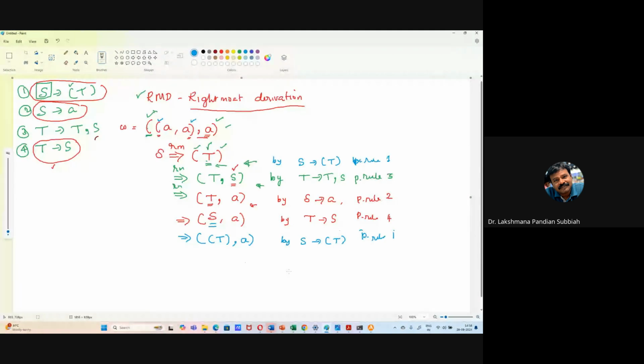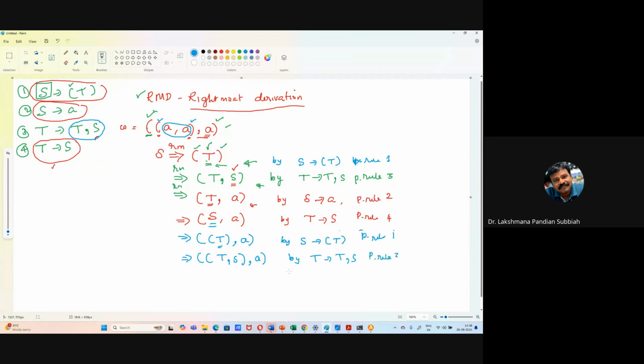Next we are having now the T. Now we are generating. You want to generate this part A comma A. So what we have to do is T derives T comma S. We are using this one only. It can generate S A comma A. So now you have to write that: T derives T comma S. We are using the rule T derives T comma S, which is production rule number 3.